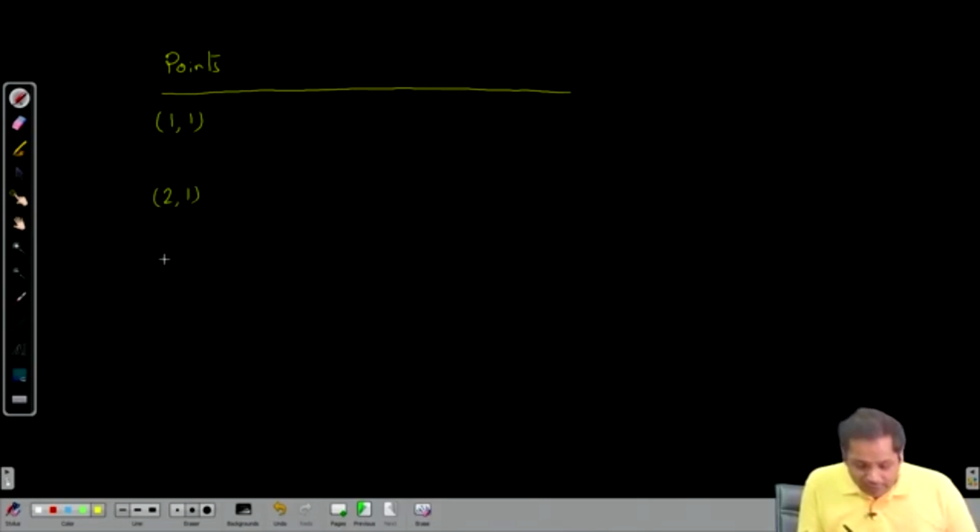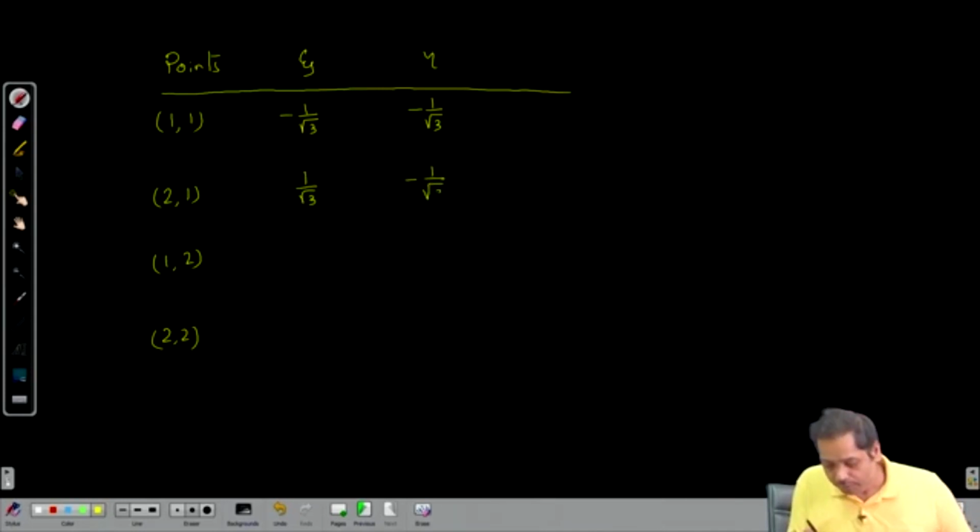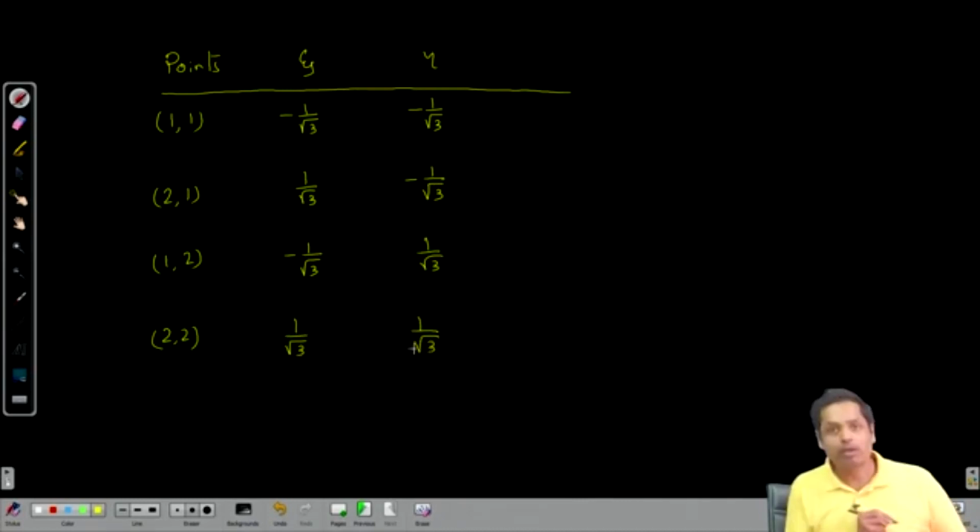Third point is xi1 and eta 2, and fourth point is xi2 and eta 2. There are 4 points. So what is xi and eta? The first point: xi will be minus 1 by root 3 and eta will be minus 1 by root 3. Xi will be 1 by root 3, eta will be minus 1 by root 3. Xi will be minus 1 by root 3 and eta will be 1 by root 3. And finally, this will be 1 by root 3 and this is also 1 by root 3.